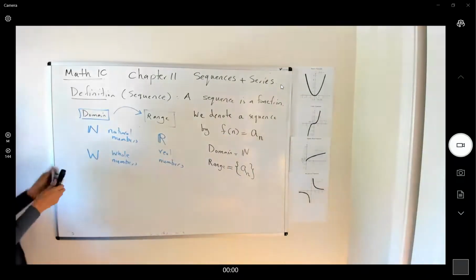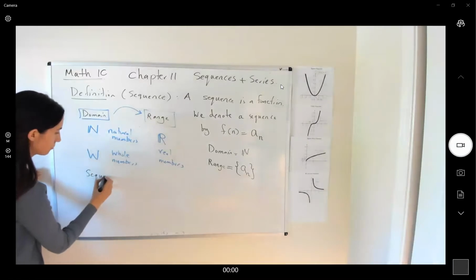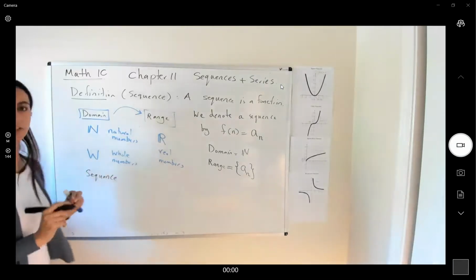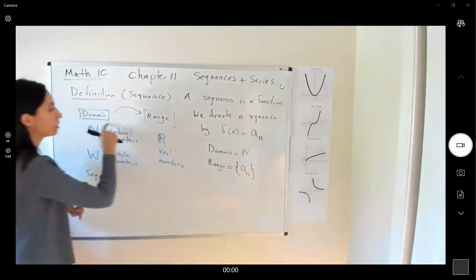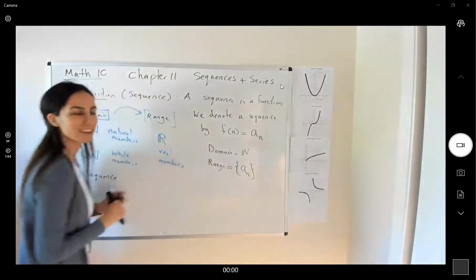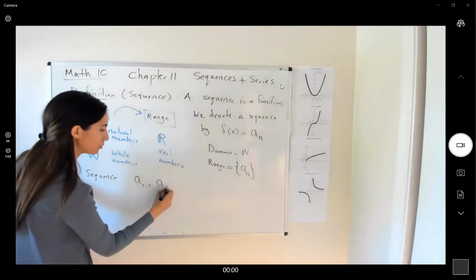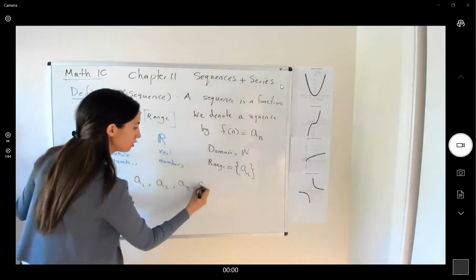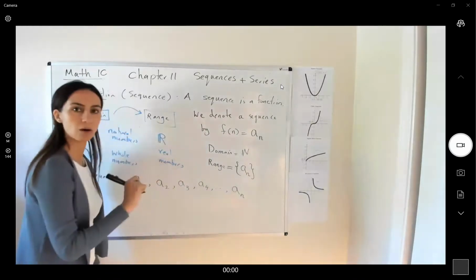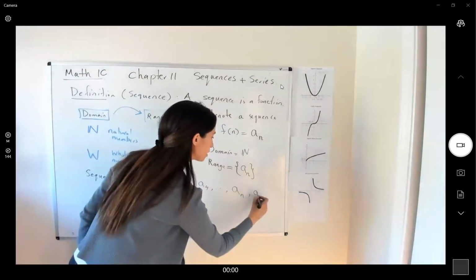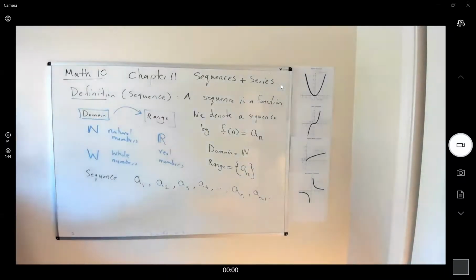Very well. So for a sequence, we can list the terms of a sequence by plugging in natural numbers for n. So here you have a sub 1, a sub 2, a sub 3, a sub 4, and the general term a sub n, and you can continue this process, a sub n plus 1, the rest of it.